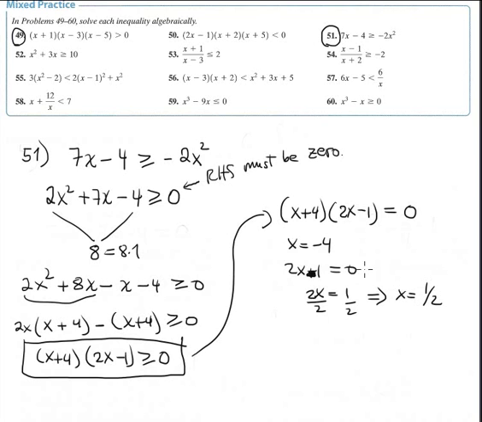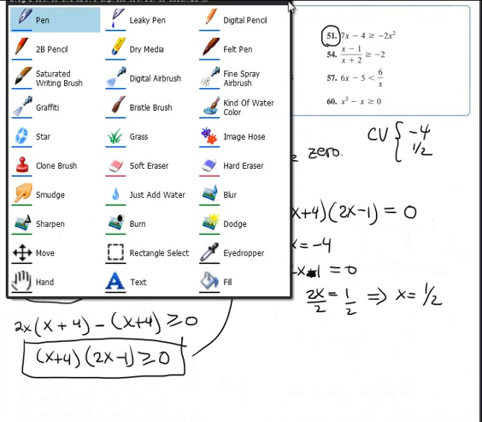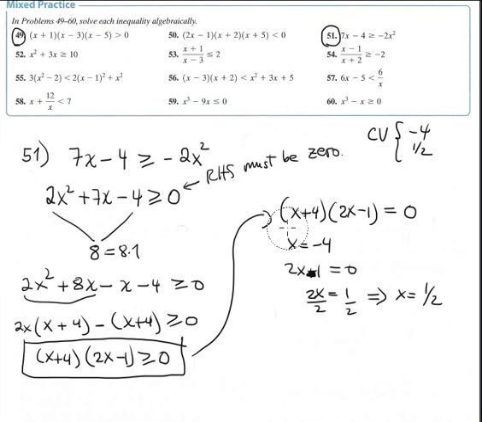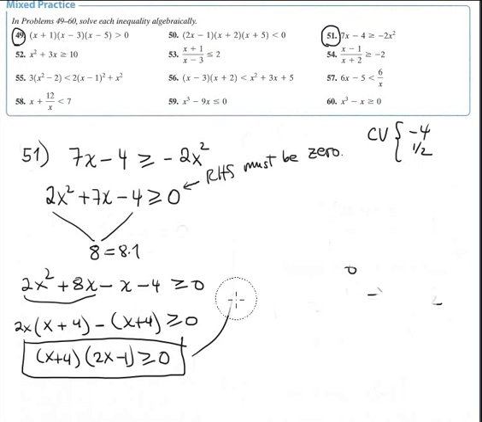And this is our critical value. Let me copy here. Critical values are negative 4 and 1/2. Okay, I want to erase this part.